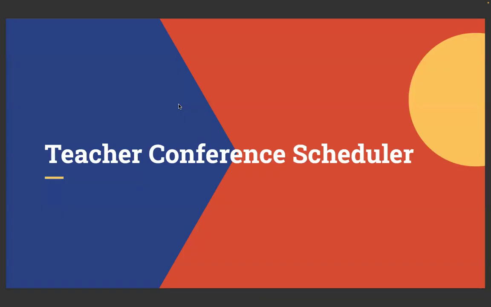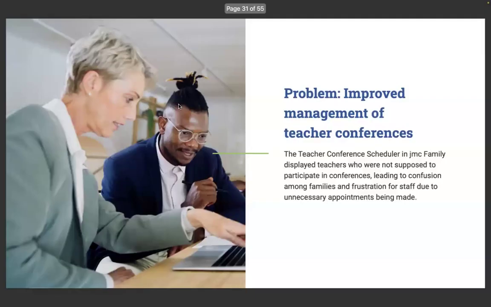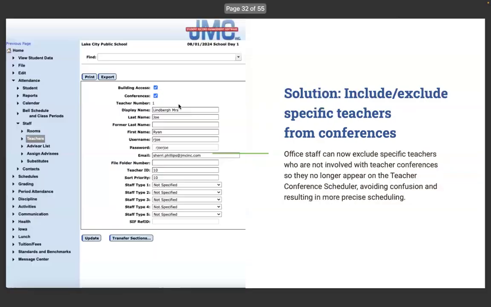Right. Teacher conference scheduler. A couple of innovations to our teacher conference scheduler. First, the problem of improved management of teacher conferences. The teacher conference scheduler in JMC Family displayed teachers who were not supposed to participate in conferences, leading to confusion among families and frustration for staff due to unnecessary appointments being made.